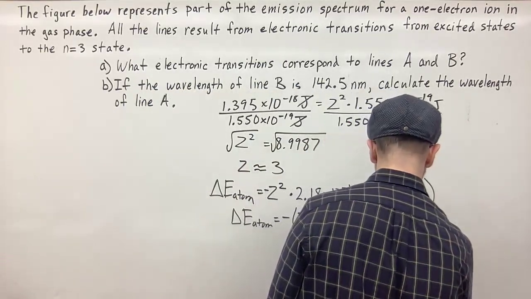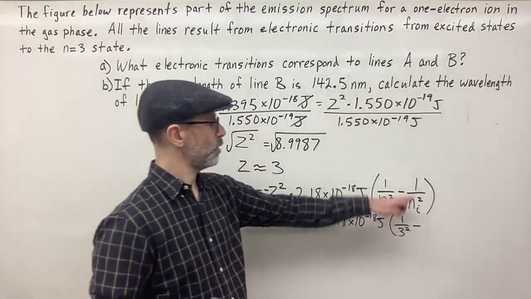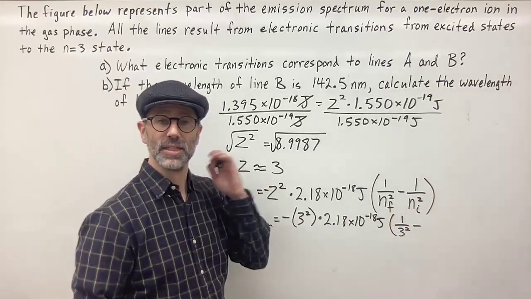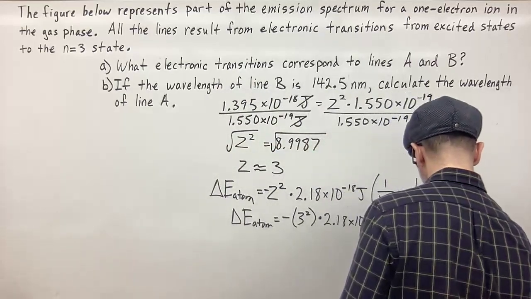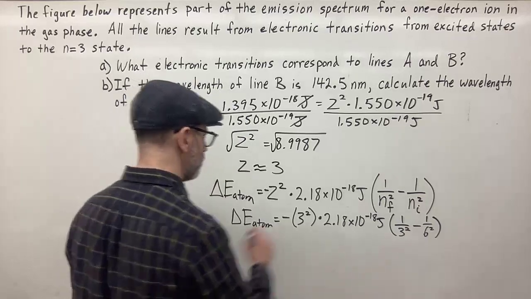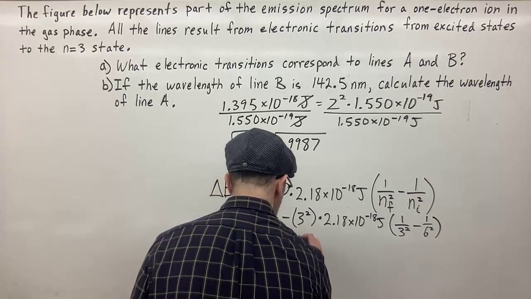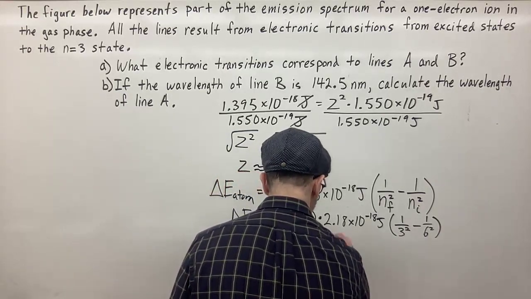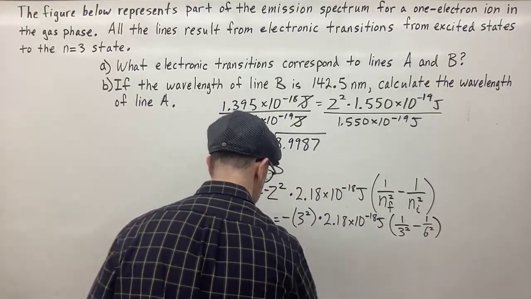So this is going to be 1 over 3 squared minus, last time it was 1 over 5 squared. In this case, for line A, we started at 6. So this is going to be 1 over 6 squared. And then we do the same thing. We solve the equation. So this is going to be 9 times 2.18. Here, let me bring this down a little bit.